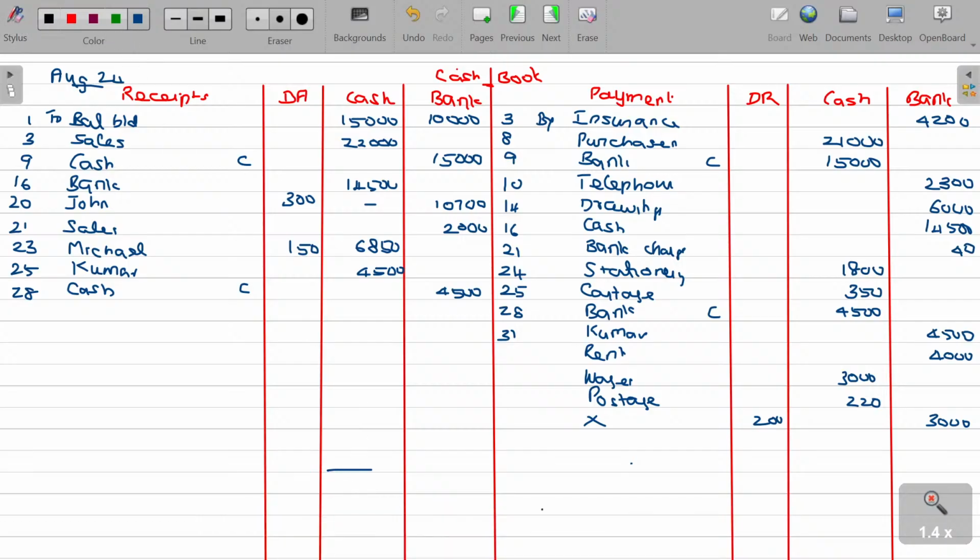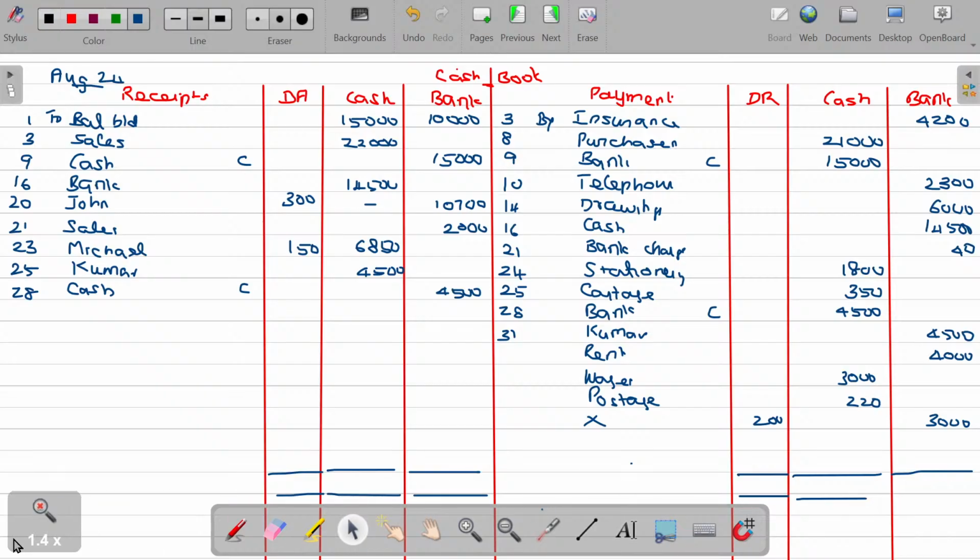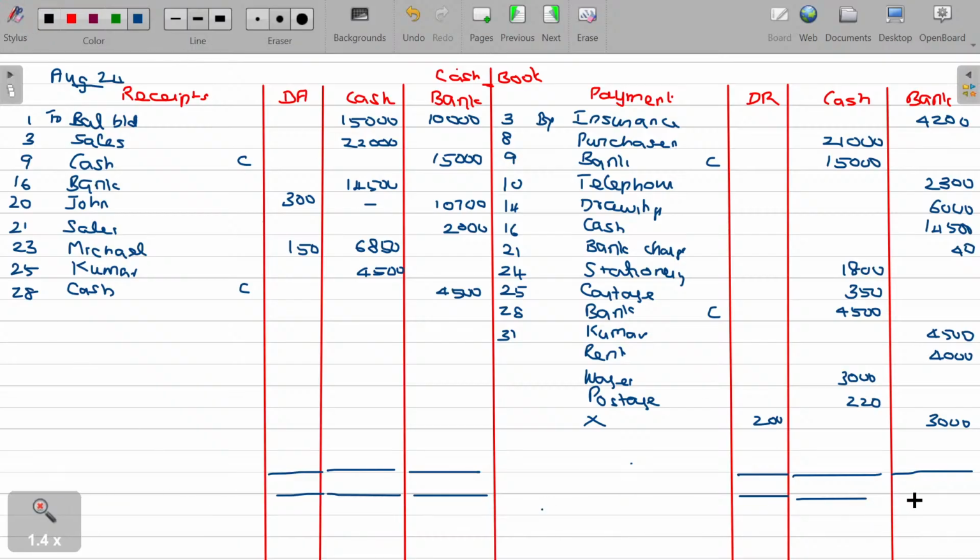Come on. Tally this book. Cash column and bank column. You have to tally and get me the value. I think the total of cash being in the debit side 62,850. Then 16,980 will be the balance carried out.